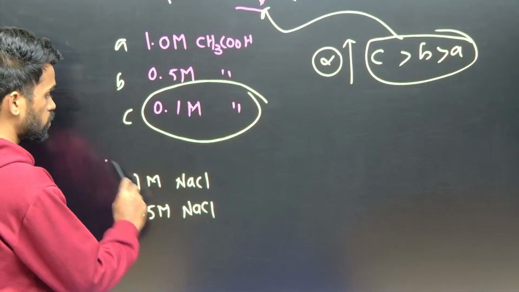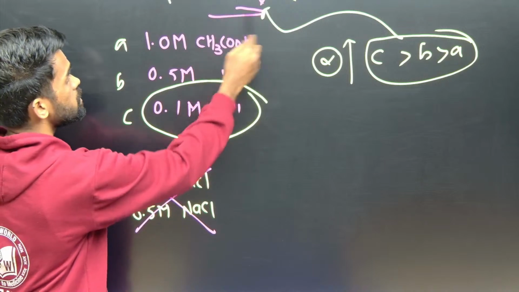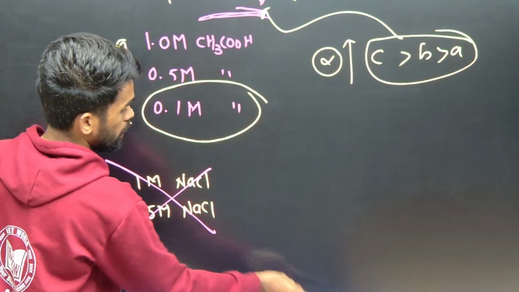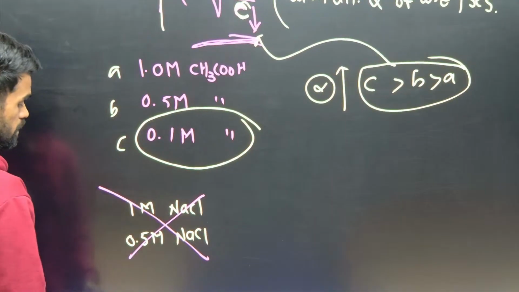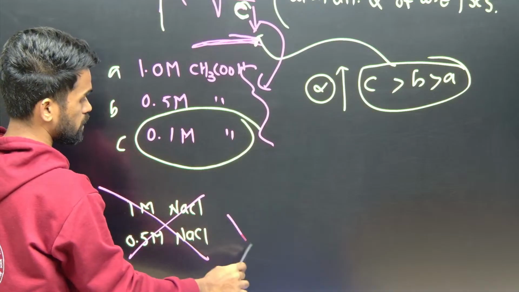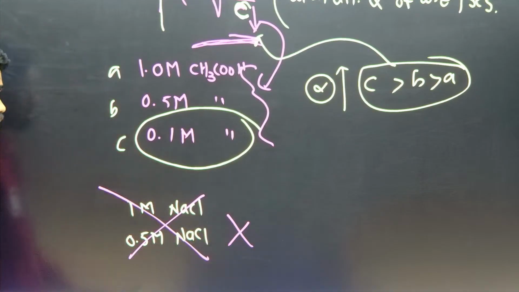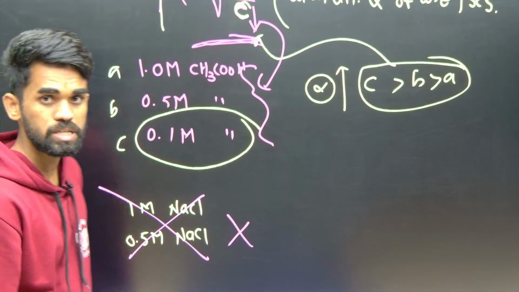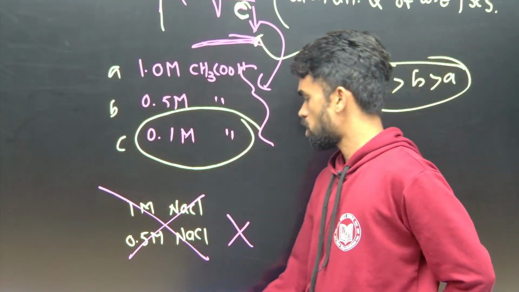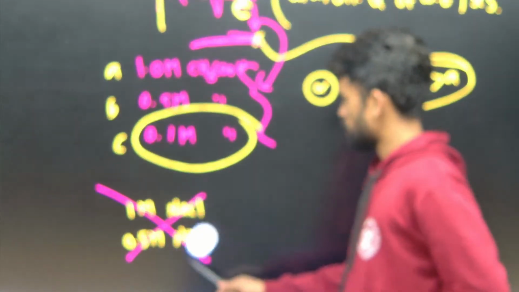No, you should not use this relation between degree of dissociation and concentration in the case of strong electrolytes. It is applicable only in the case of weak electrolytes, not strong electrolytes. Here almost 100% dissociation occurs in strong electrolytes, so Ostwald dilution principle is not applicable to them.